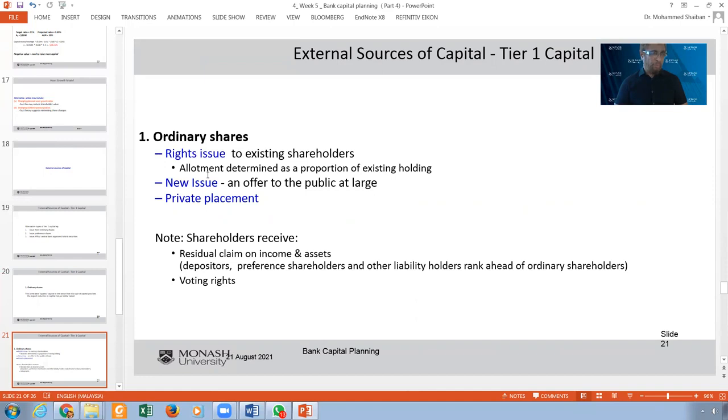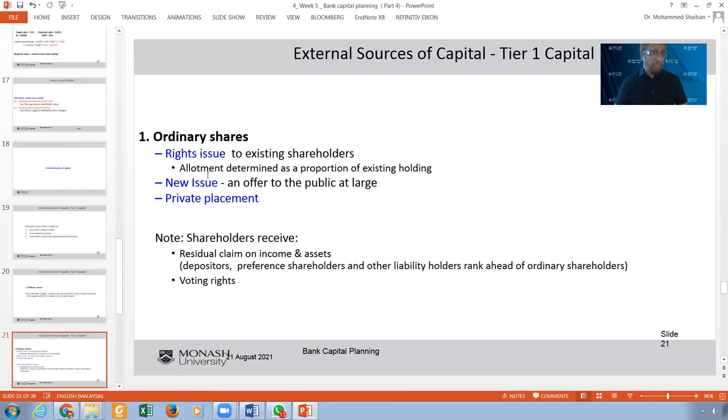So if I have 1 million shares in the market and I issue 100,000 more, every share already bought will get 10% of a share from the new issue. If I have 1 million shares and I issue 1 million more, every shareholder who has 1 share will receive 1 share. If it is less than that, then I have to do this proportion. This is what we call the rights issue, which only goes to the current shareholders.